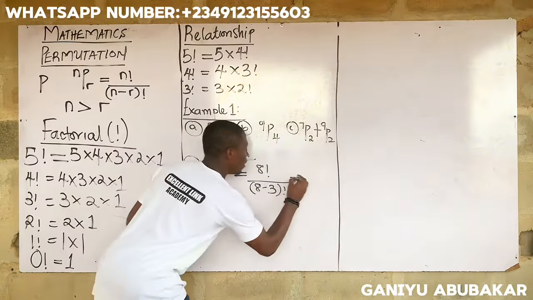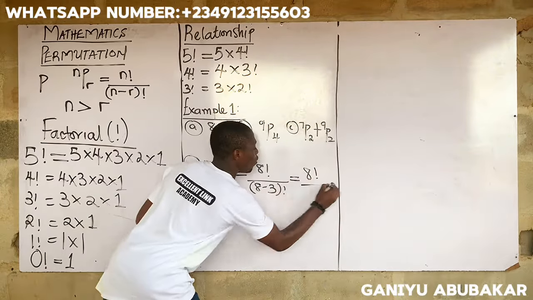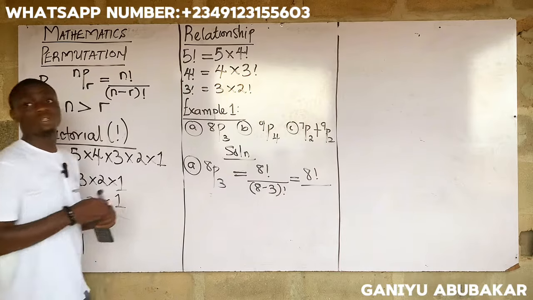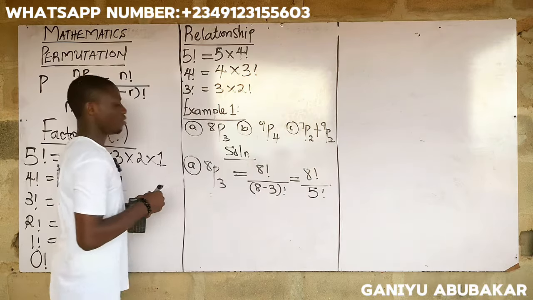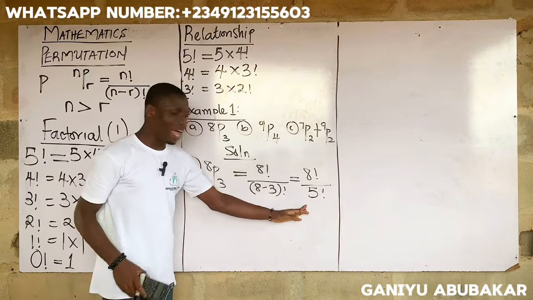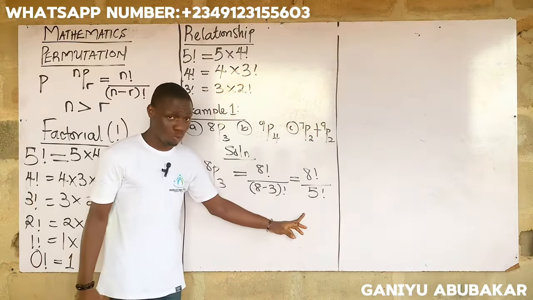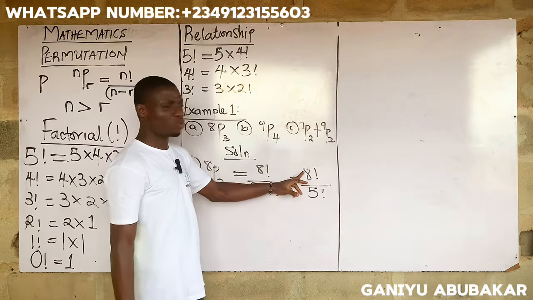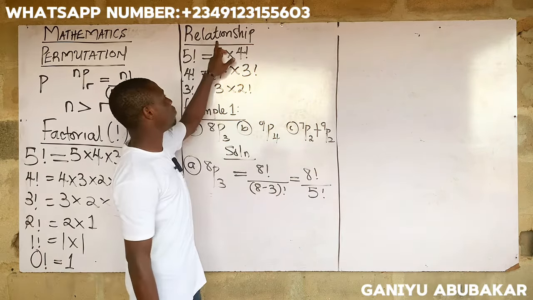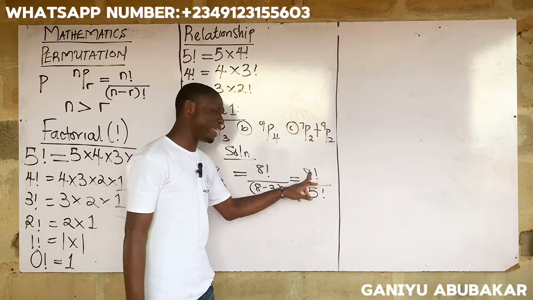What do we get from here? It becomes 8 factorial over 8 minus 3, which is 5 factorial. But this is not my answer yet; I have to simplify. Observe that if I expand 8 factorial using the relationship, I get 5 factorial in 8 factorial.